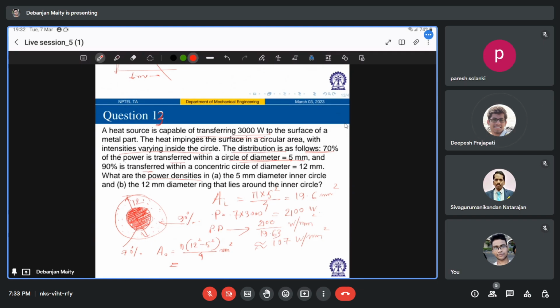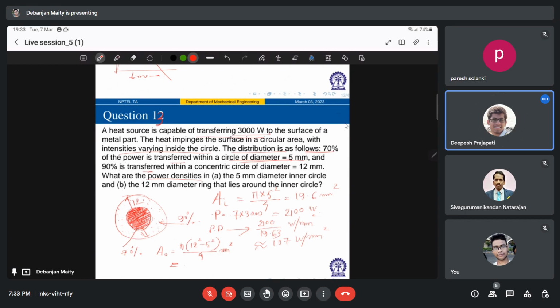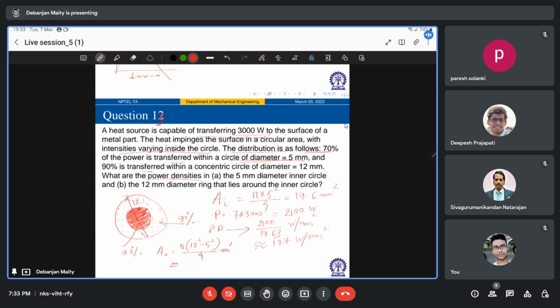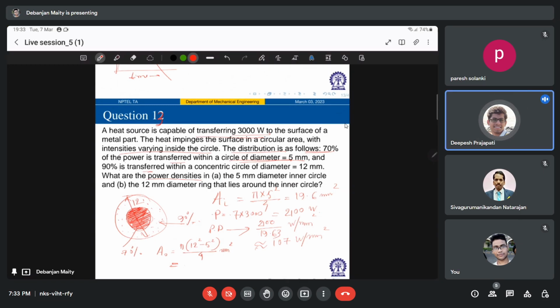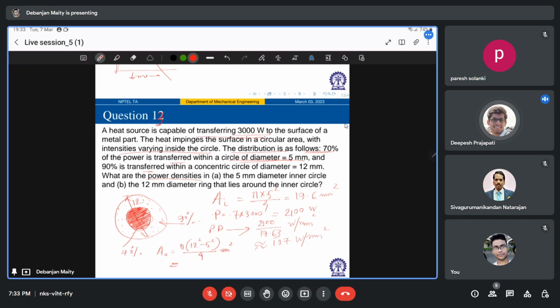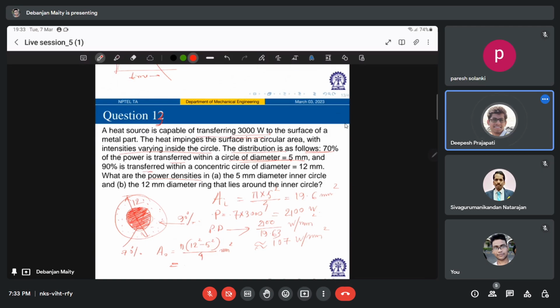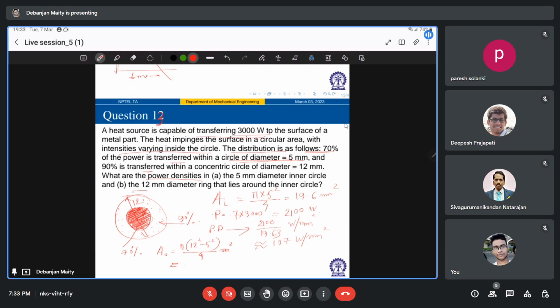Do we have to consider the annular circle or the whole circle? Why are we considering the annular part? I think we should consider the whole 12 diameter. It says that it lies around the inner circle.